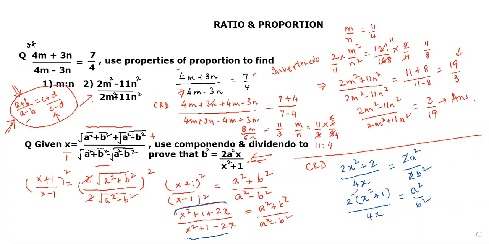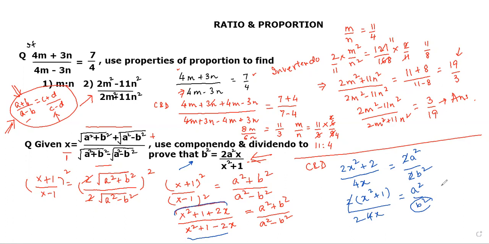And solving this further, 2 is here. And let's see, b square. Now see what we have to prove, that b square is equal to 2a square x upon x square plus 1. All right, so I need this b square on the left-hand side.